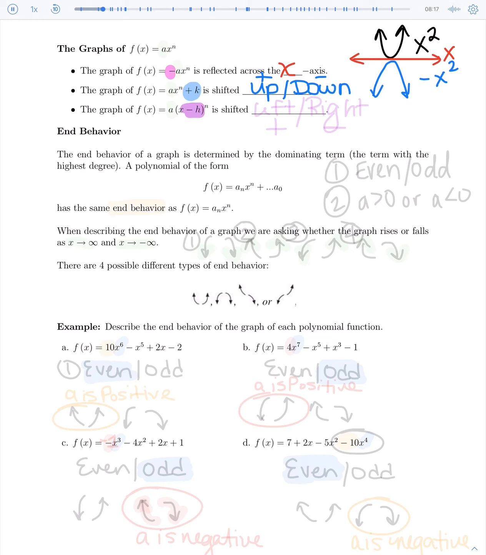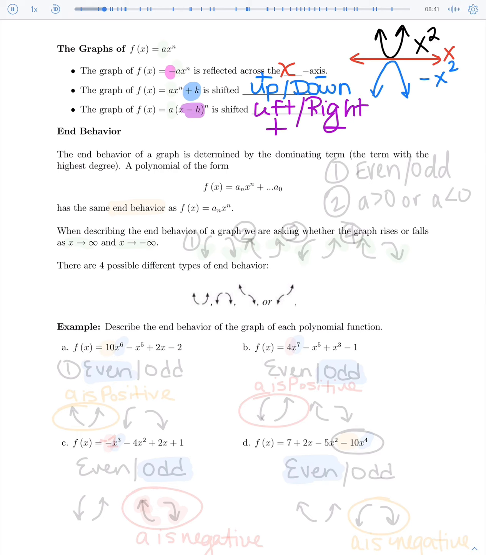If it's on the inside, though, it's going to shift you left or right. Remember, left and right is the reverse of what you would think. So you're going to shift left when you actually have a positive value, and you'll shift right if you actually have a negative or a minus inside. It's the reverse of what you would think.